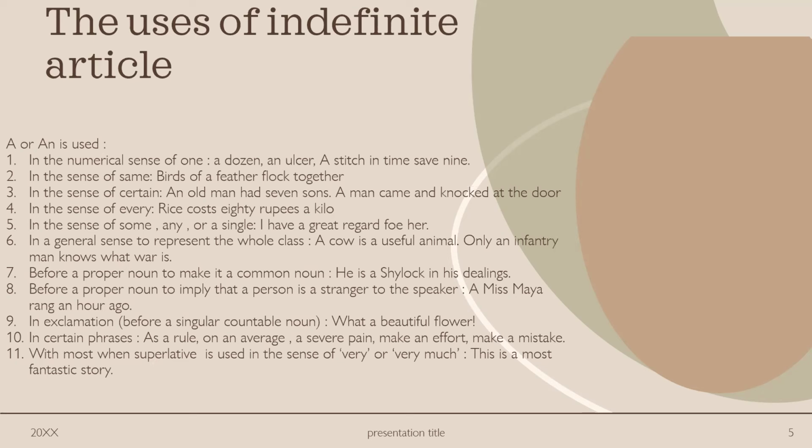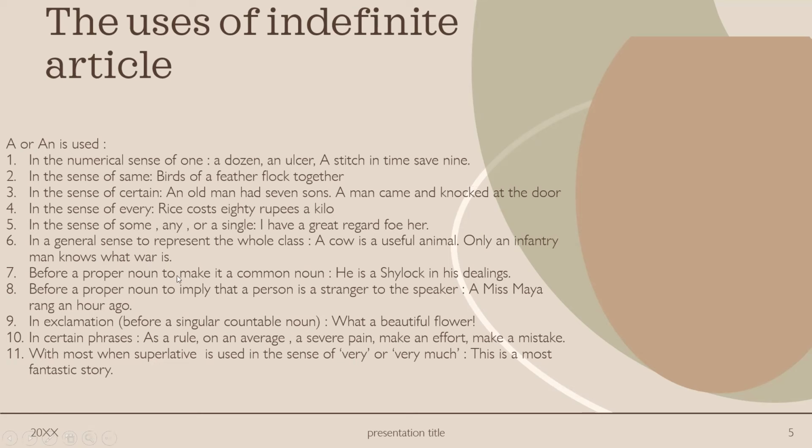In the general sense, to represent the whole class, for all the cows together, you say a cow is a useful animal. You should specifically look here. A cow is a useful animal. U is a vowel, but still it sounds like a consonant, so you are using a. Only an infantryman knows what war is.